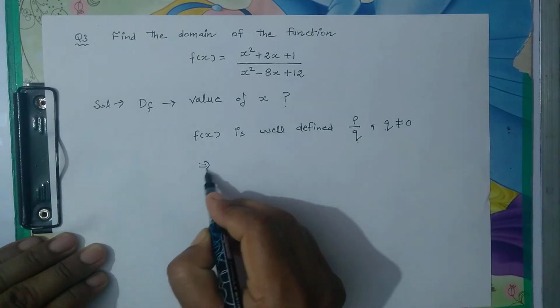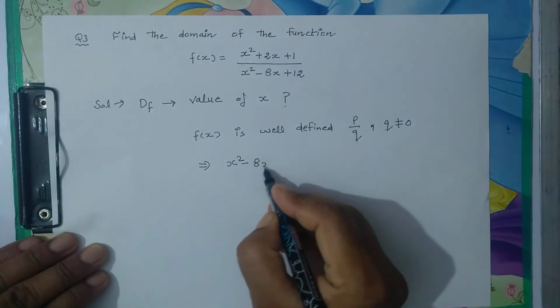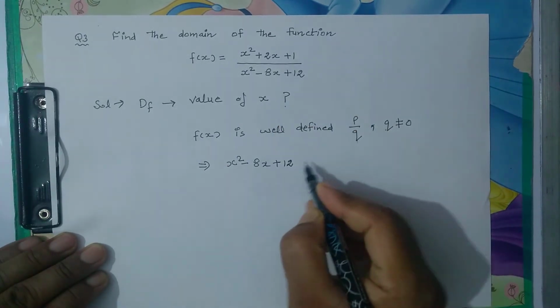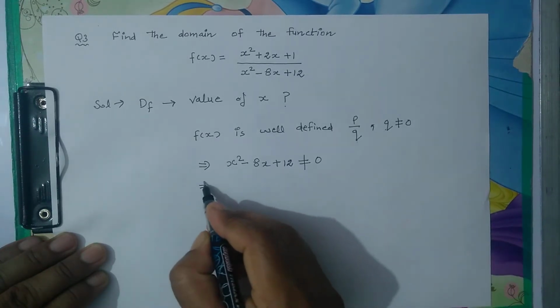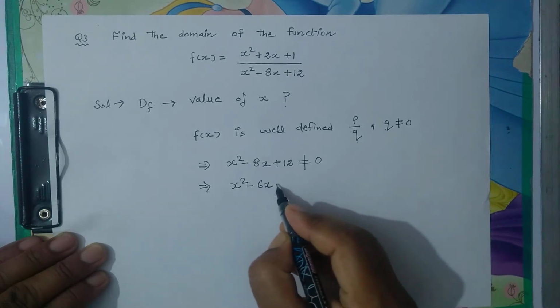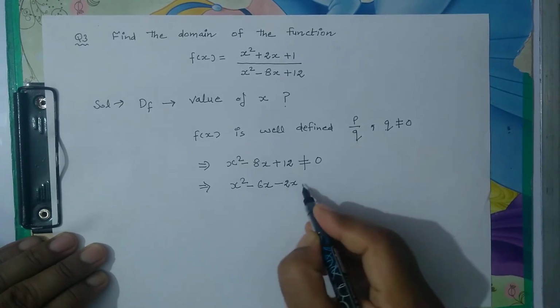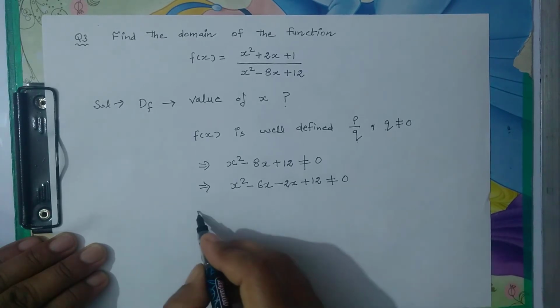So this means x square minus 8x plus 12 should not be equal to 0. It means x square minus 6x minus 2x plus 12 should not be equal to 0.